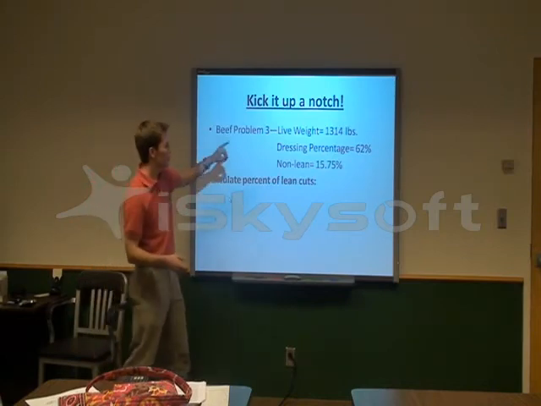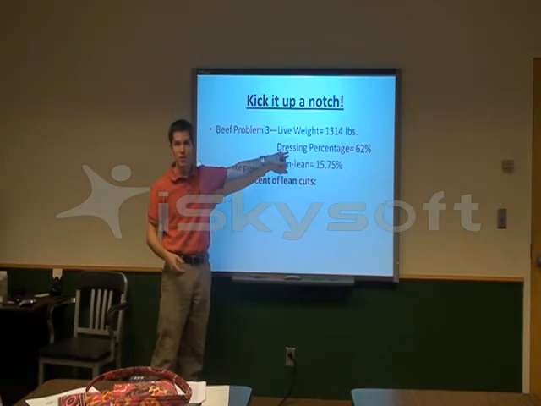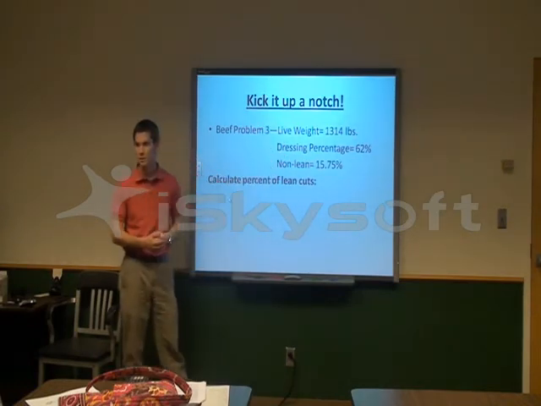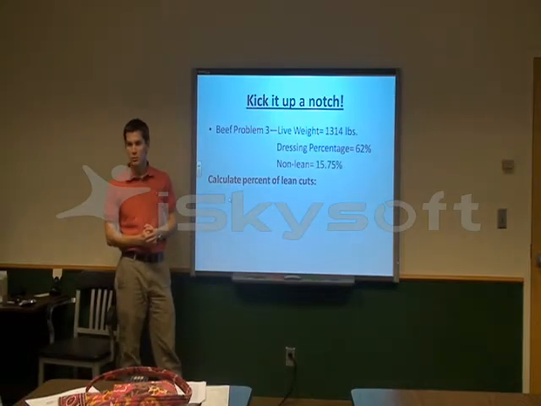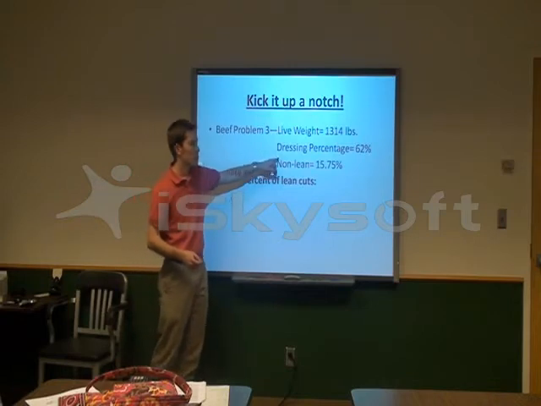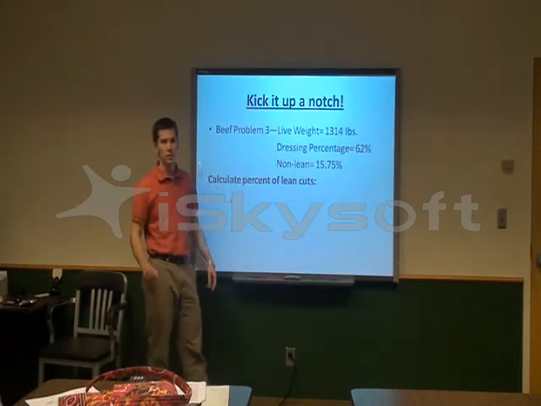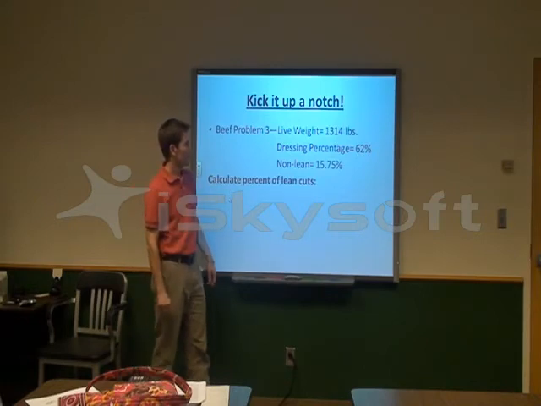Okay, so we remember we've got our dressing percentage. So what do we need to calculate here to be able to find this? What was our measurement that we were using in the other ones? Hot carcass weight.